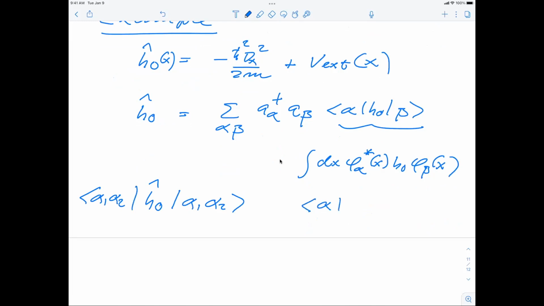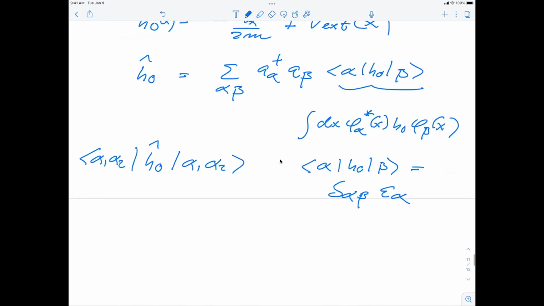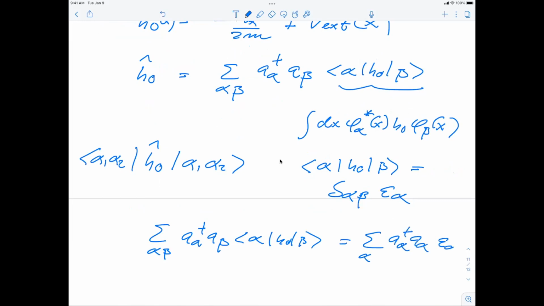We are simply going to assume that this one is given by delta alpha beta times the single particle energies. So that means that the operator, the sum over alpha beta of a alpha dagger a beta times the matrix element alpha H0 beta, simply reduces to a sum over alpha, a alpha dagger a alpha, multiplied with epsilon alpha.